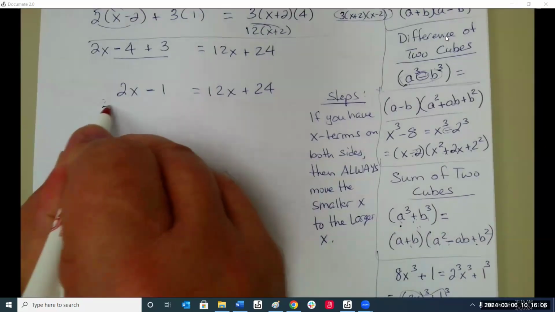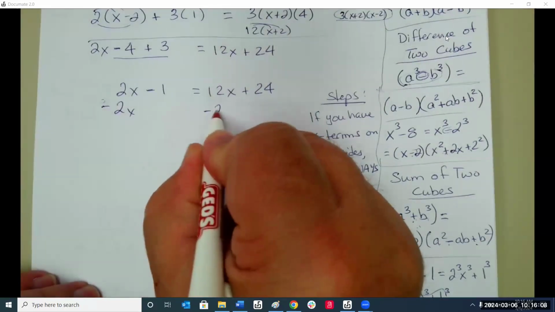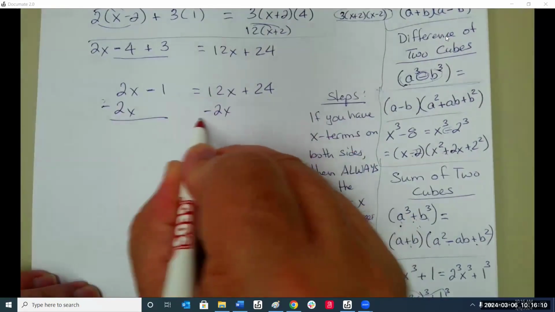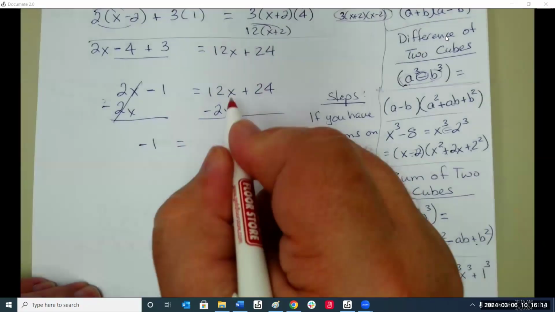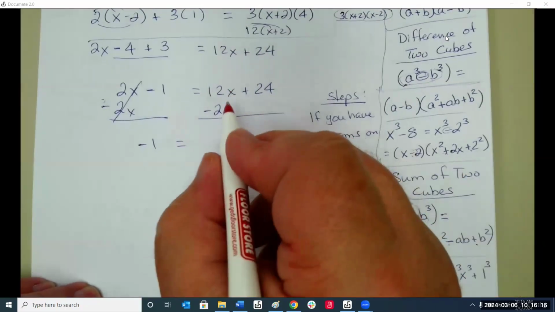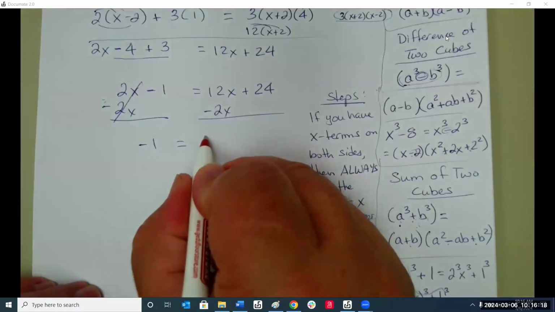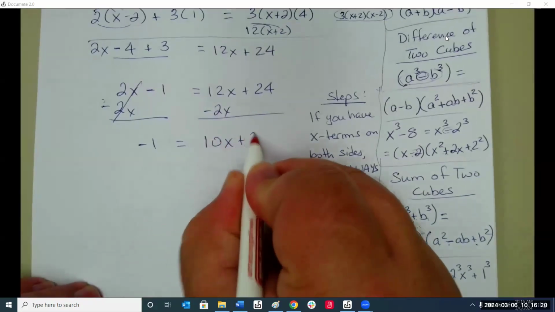So we're going to subtract 2x from both sides. Move the x's first, not the other numbers. So 12 minus 2 is 10, 10x plus 24.